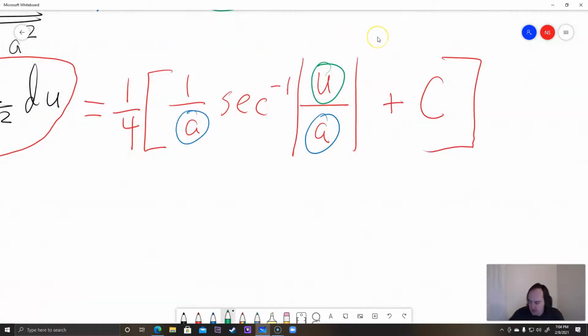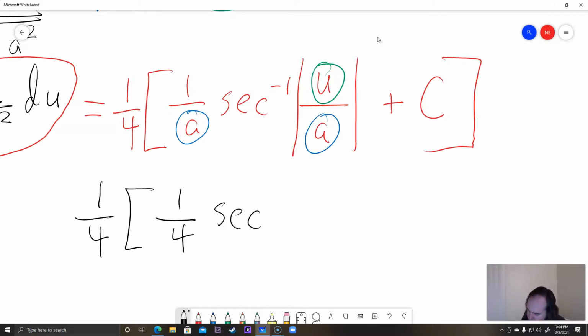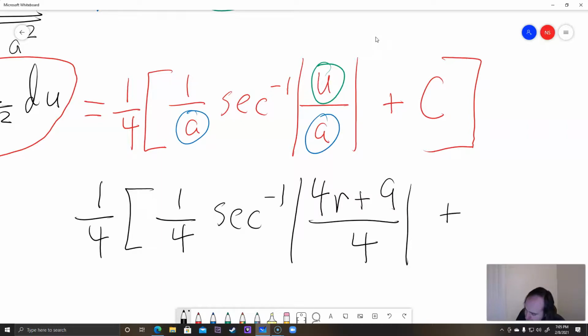And of course we still have a 1/4 out front. So we have 1/4 times 1 over 4 secant inverse of absolute value of, well, we said u was 4r plus 9, so that's going to be 4r plus 9 all over 4 plus c.